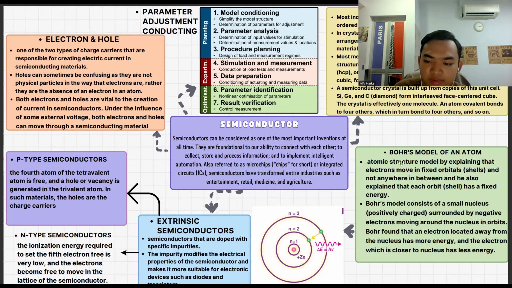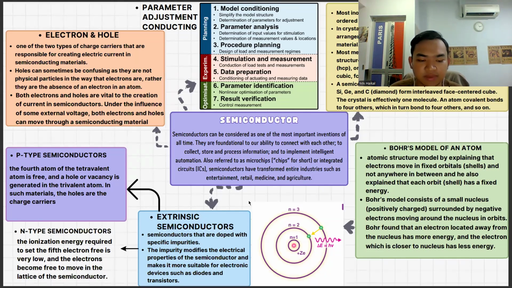Next we will move to the extrinsic semiconductor. Extrinsic semiconductors are doped with specific impurities. The impurity modifies the electrical properties of the semiconductor and makes it more suitable for electronic devices such as diodes and transistors. There are two types: p-type semiconductor and n-type semiconductor.